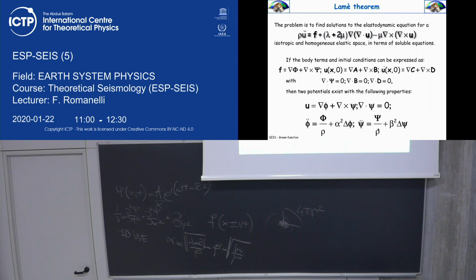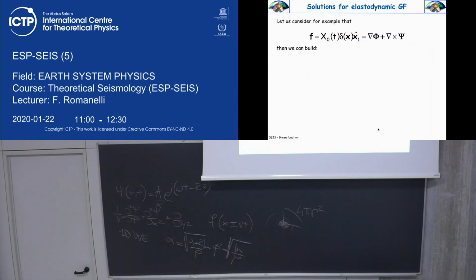Well, this and this. But at least we separated the initial problem into two smaller problems. It's not the end, because now we have to find the two potentials that are satisfying these two equations, that are wave equations, 1 and 2, inhomogeneous, of course.